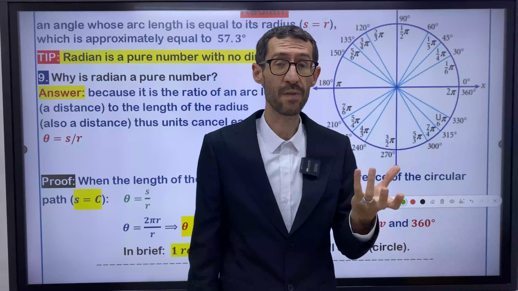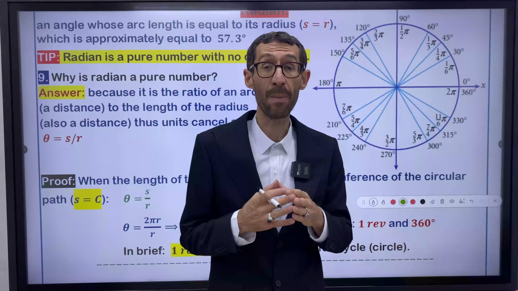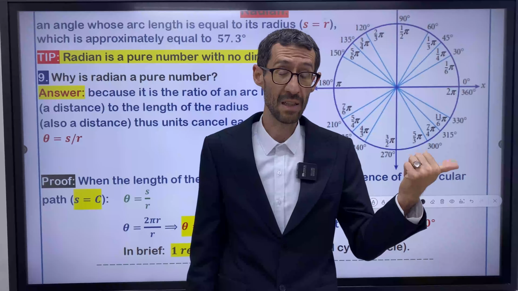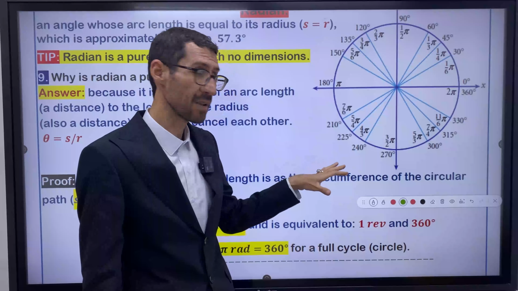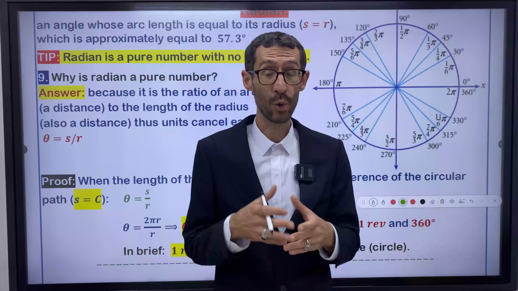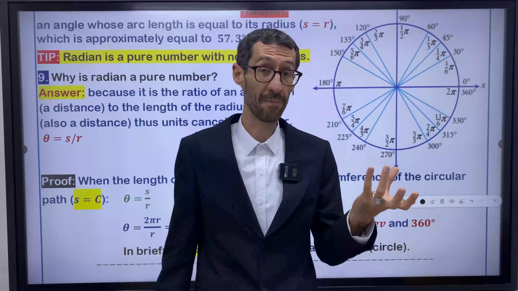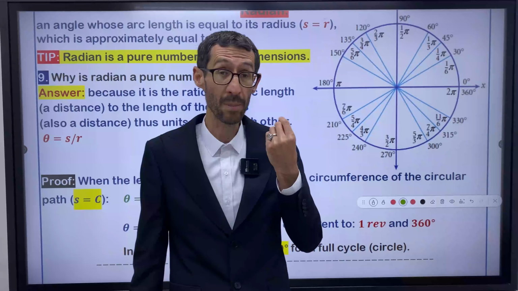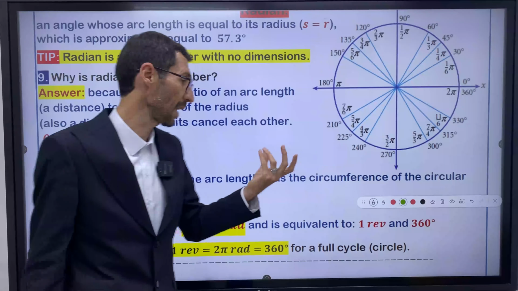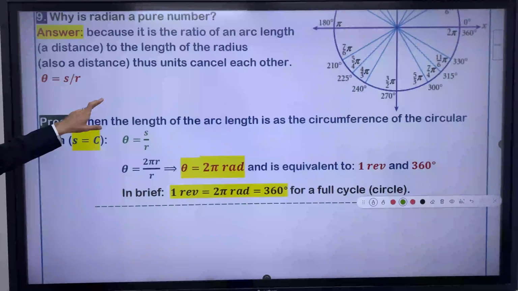I've been teaching physics for 20 years, but I still have problems memorizing some rules. Sometimes I need to prove the equation to remember it. Believe me, and I'm a teacher. I prove the equation, and after that I remember the equation. Let me read the proof for you.